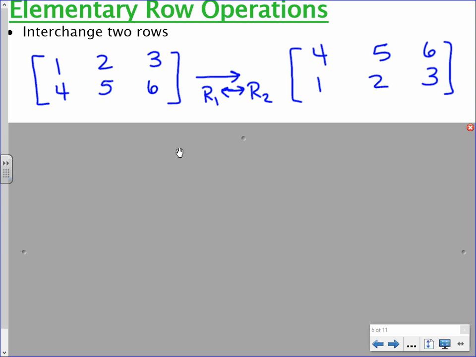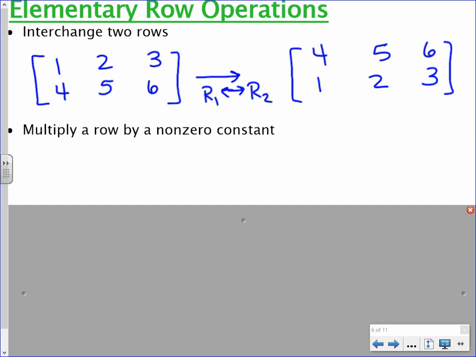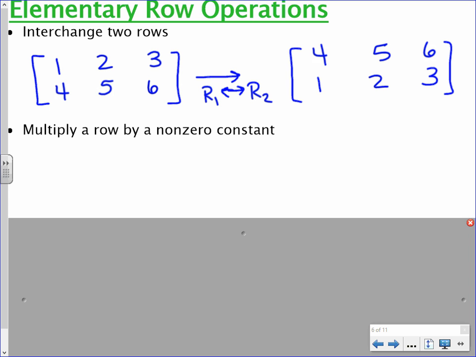Elementary row operations. It is legal for us to switch or interchange two rows to make sure everything in one row stays together. It is also legal for us to multiply a row by a non-zero constant.